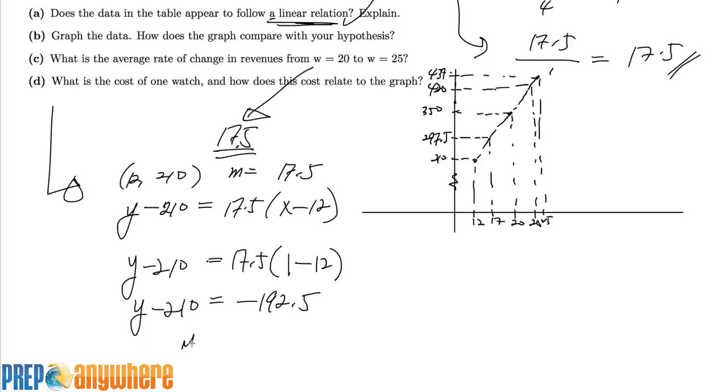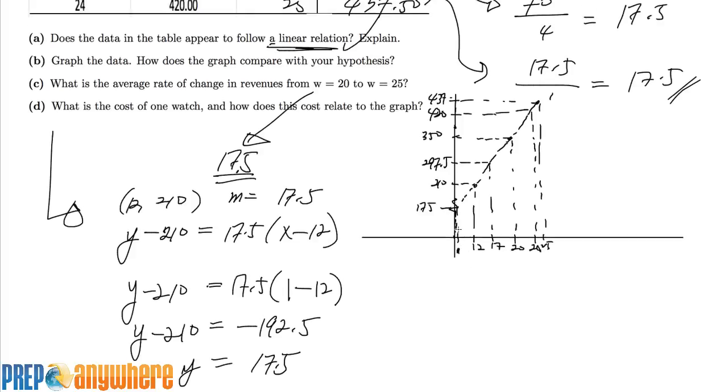Finally, if you add 210 to both sides, then we get 17.5. So it's basically almost touching the y-axis. The y-intercept is approximately 17.5. It's going to be a little bit lower than that, obviously. So at 17.5, x is equal to 1, when the number of watches is equal to 1.